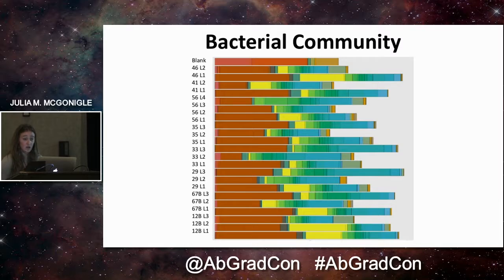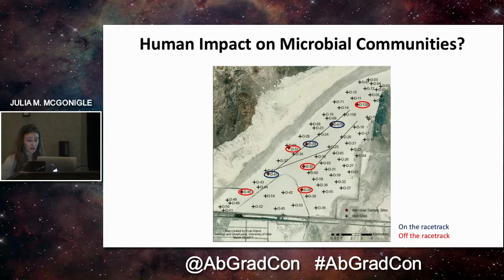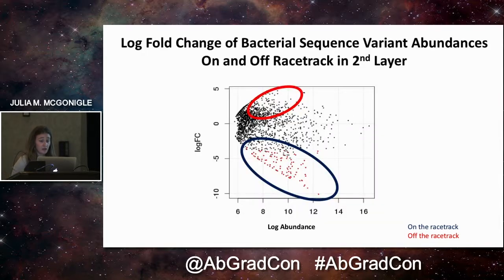Okay, so lastly, I'm going to talk a little bit about how I looked at the human impact on these microbial communities. So I classified all of the pits as such. These ones are on the racetrack, and these ones were off the racetrack. And so then you can look at this all using a multivariate analysis.